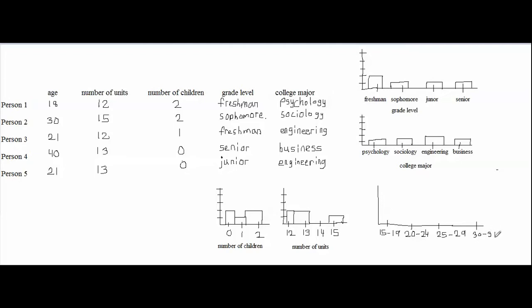And then after that we would have 35 to 39. We'll keep going until we pass the highest value. Looks like the highest value is 40, so we need one more interval. Each of these groups is called an interval. The technical word is actually a class interval. We'll talk about that word more later.